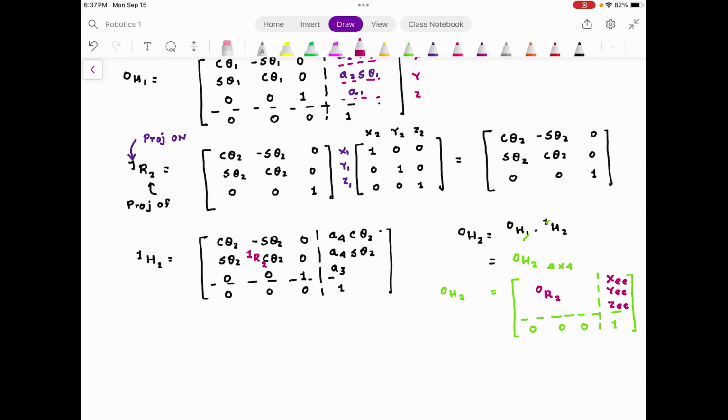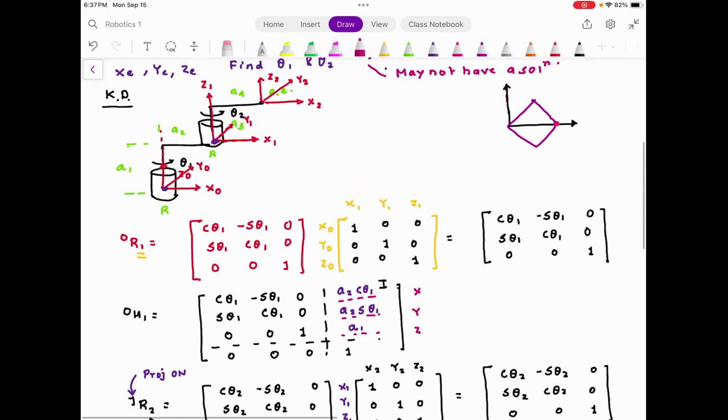Everyone understood this? Looking at the robot geometry, you agree with me that Z end effector is nothing but A1 plus A3, because that is the distance from the 0th frame to the second frame in the Z axis. Just look at the kinematic diagram we have drawn.